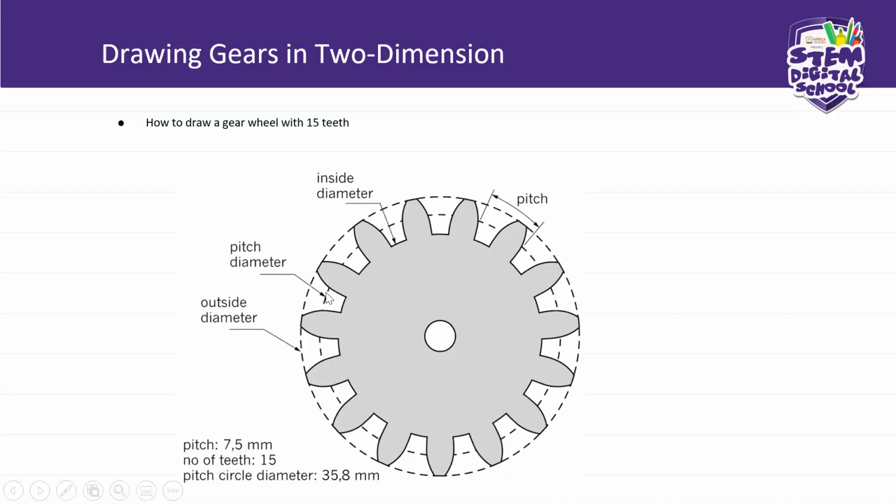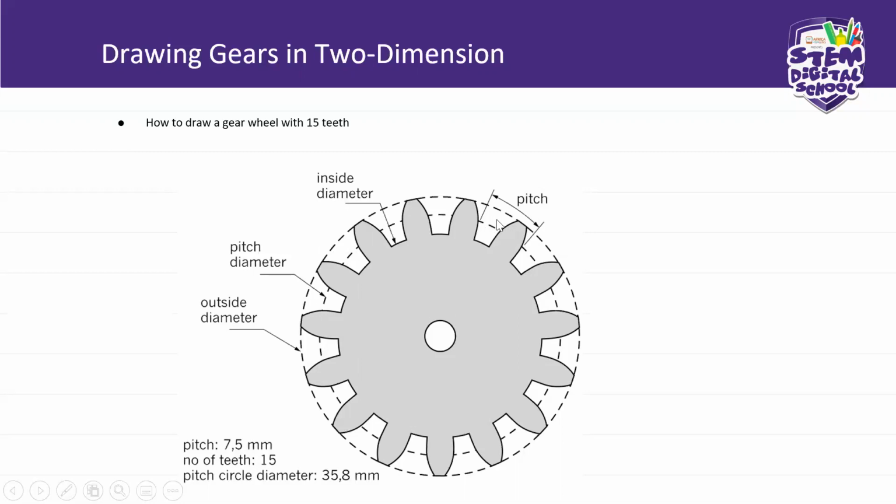Then you have your pitch diameter. You make another circle. We call that your pitch diameter. Then you have the third line, which is your outside diameter. You are using your compass to draw these 3 diameters, right? Now, this is your pitch.